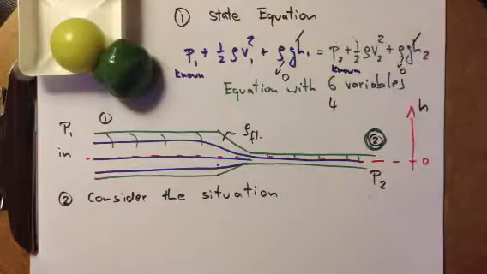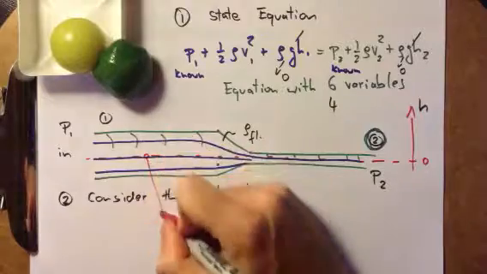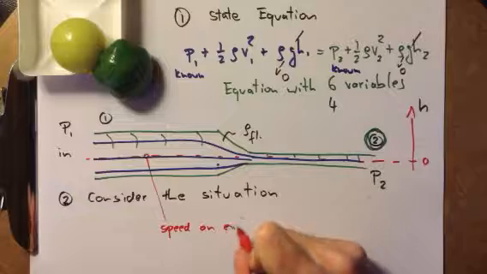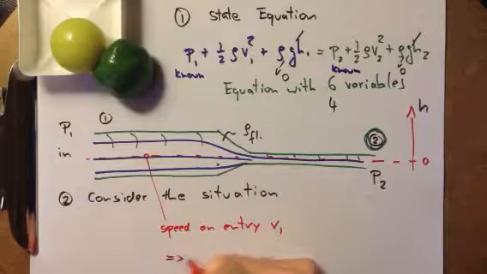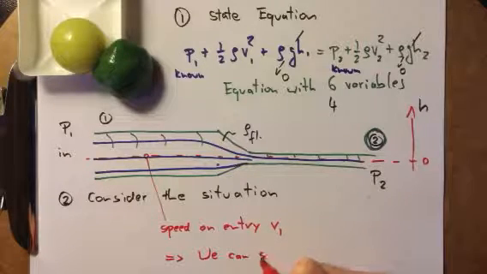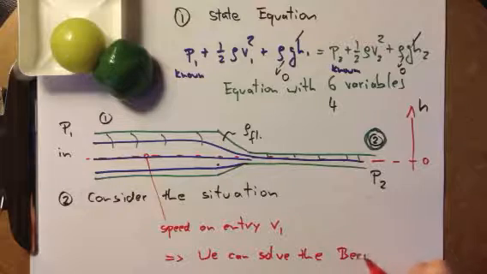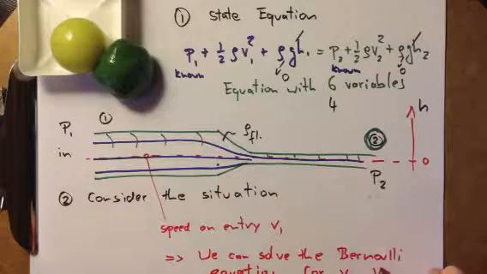That means if we now put in a device which measures the speed on entry, V1, we can solve the Bernoulli equation for the speed V2. And that's how it's done.